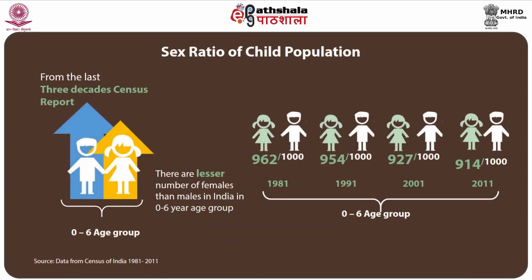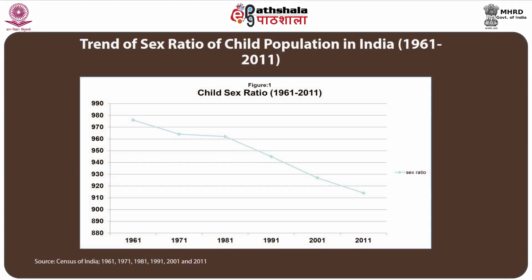If you look at the child sex ratio in the country, it has been 962, 954 and 927, continuously declining between the 1981, 1991 and 2001 census years.